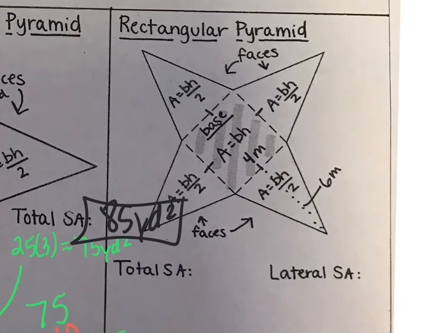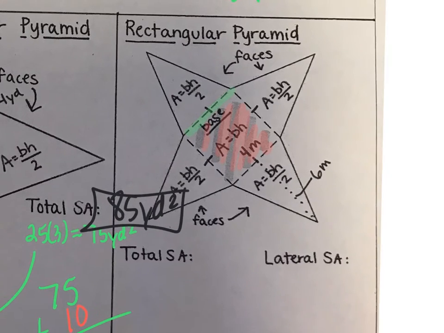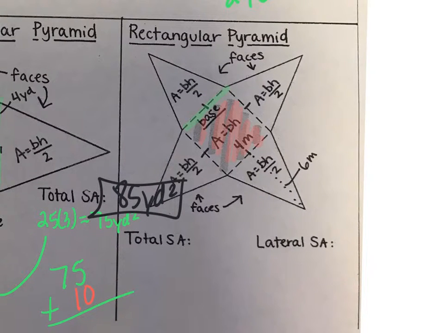So last one, a square. It's a rectangular pyramid, but technically this one's a square. Okay, so this is my base here, so I'm going to do lateral first. It's just easier to do lateral first because then you can just add.